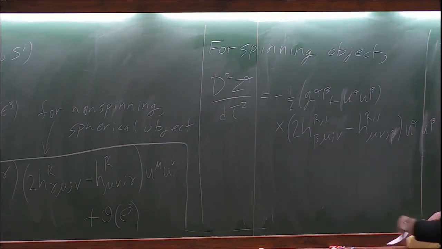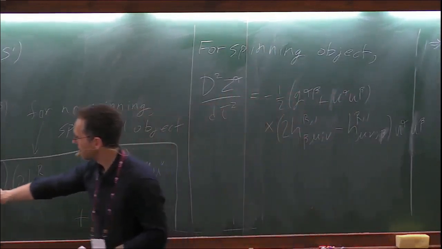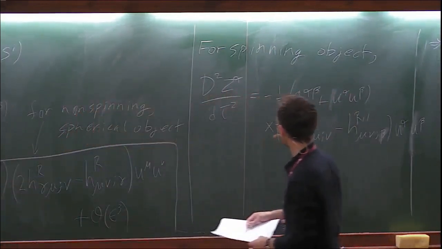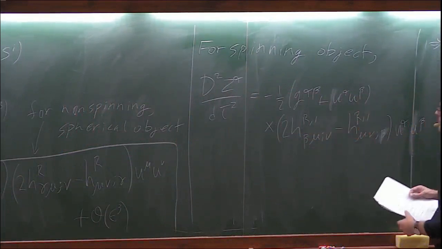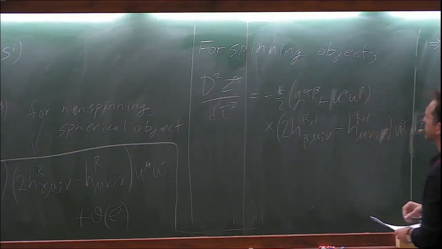So this is just the linear term that you see here. So dropping this piece, and with HR now being just the first order HR. And I guess to be consistent, I should have an epsilon there.